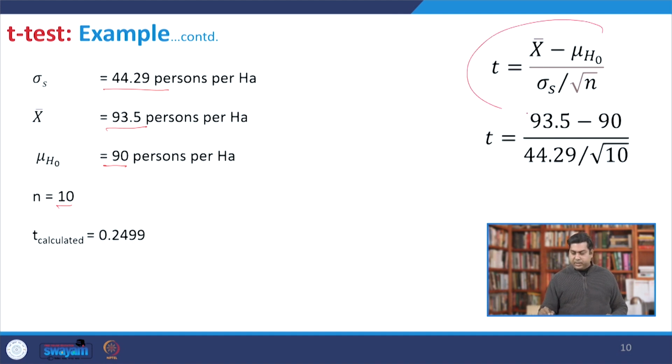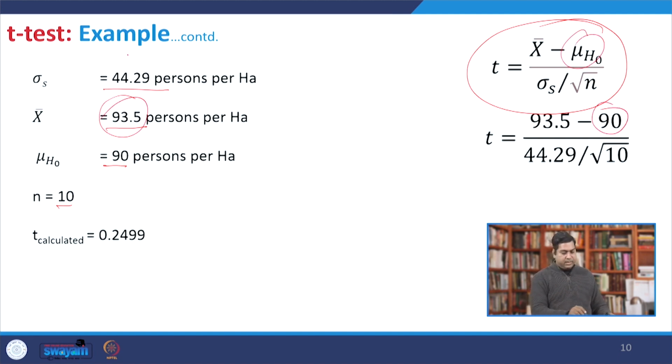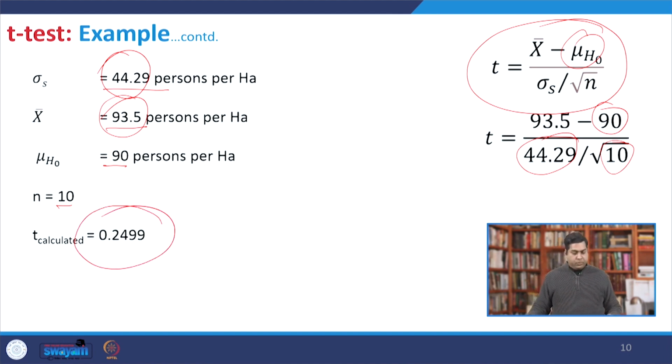Now, we know this particular equation as I already presented. So, we just substitute those notations with the values. So, x bar is 93.5, mu 0 is 90, standard deviation is 44.29 and n is 10. If you calculate it, you will get the t calculated value as 0.2499.